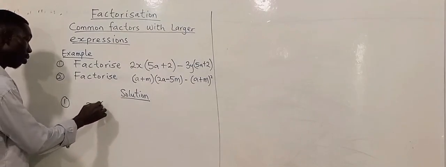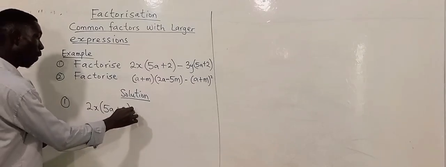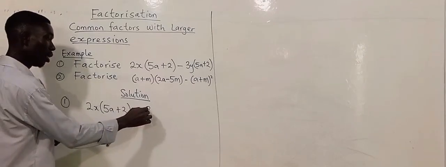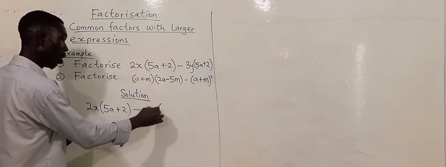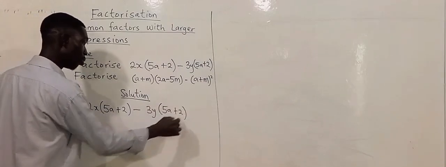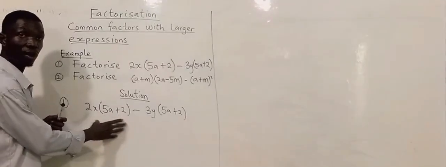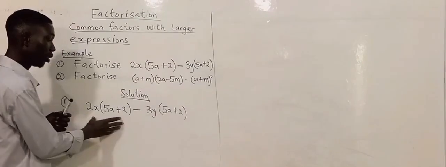2x into 5a plus 2 minus 3y into 5a plus 2. So we are going to get the HCF of these two terms.